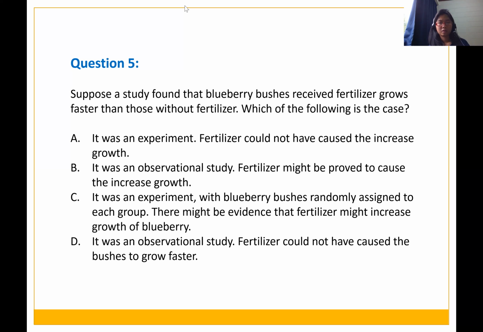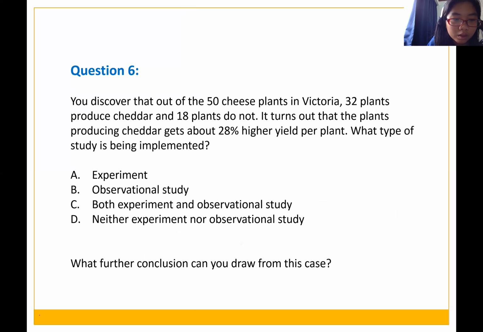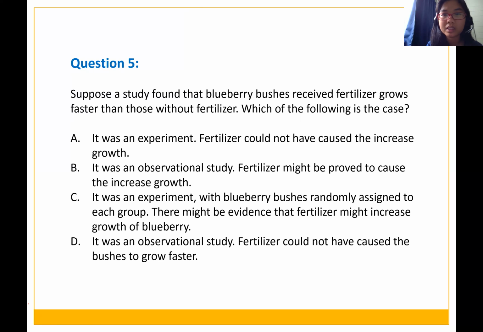If you look at the answer choices, there are 2 things that we have to determine from there. The first thing is that we have to figure out if it's an experimental study, and the other one is whether there's any cause and effect relation between those 2. So first of all, you look at the study: blueberry bushes that receive fertilizer grow faster than those without fertilizer.